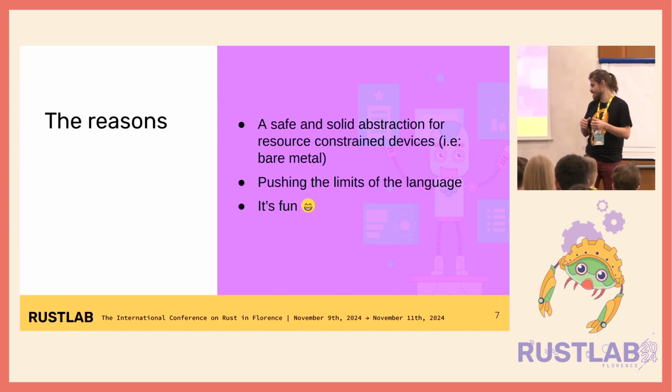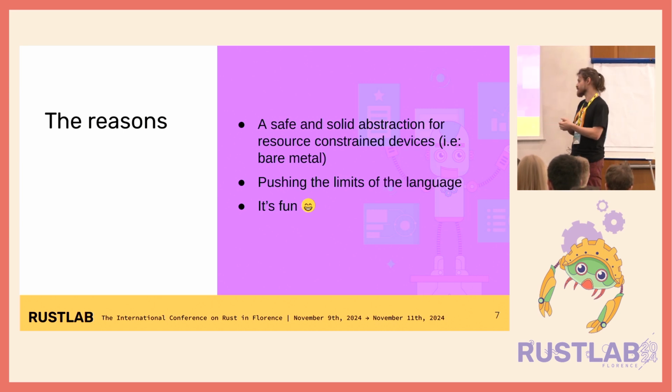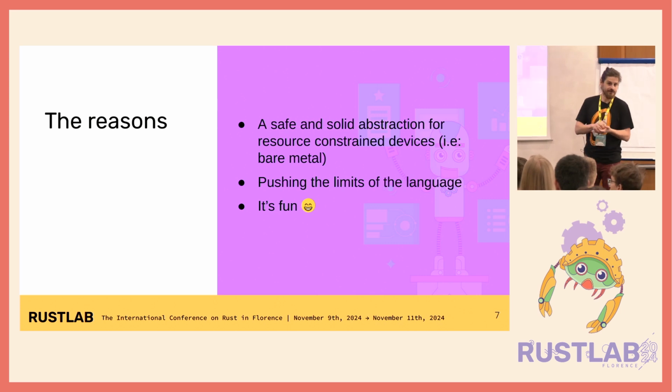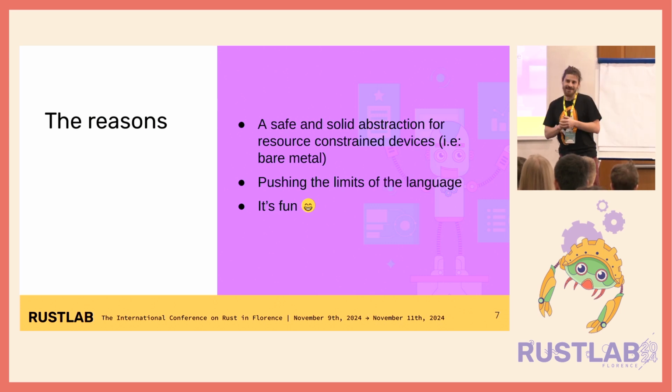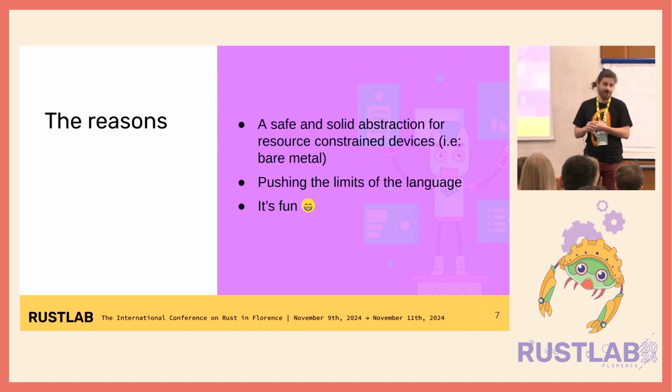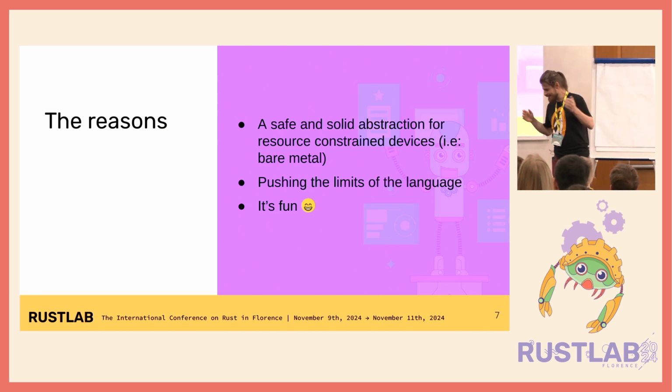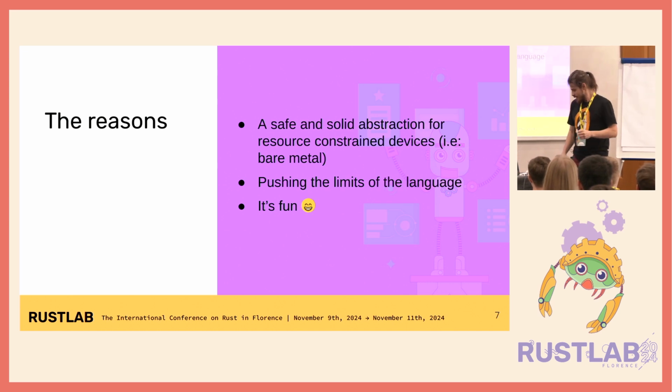I think that you can build interesting, safe abstractions using lending async iterators, especially in resource-constrained environments, for instance, in bare metal. And they tend to push you to the limit of the language. And for this, I think they are pretty fun. So I decided to explore them with you.